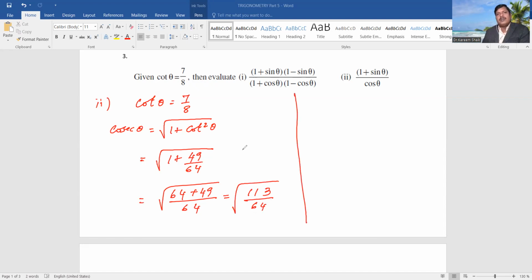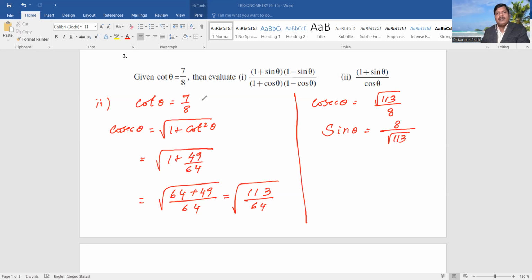Now observe that is the cosecant theta value. So cosec theta is square root of 113 upon square root of 64, which is 8. Cosec is the reciprocal of sine. So sin theta equals 8 upon square root of 113.